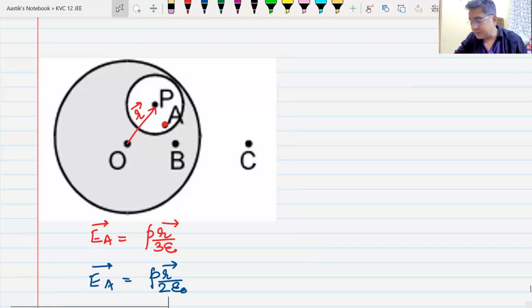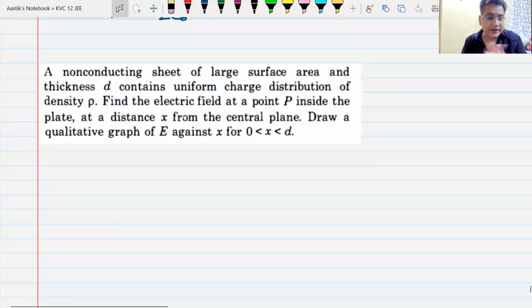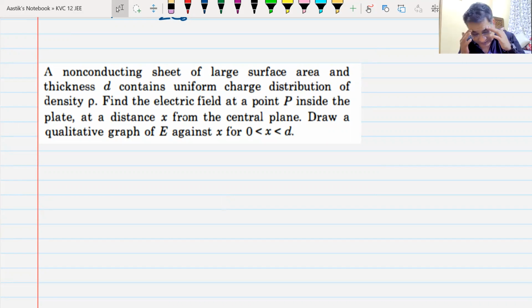Then that takes us to the last problem of this Gauss law, again from your favorite book, SCV. Now we have a non-conducting sheet of very large surface area and thickness d, containing uniform charge density rho.